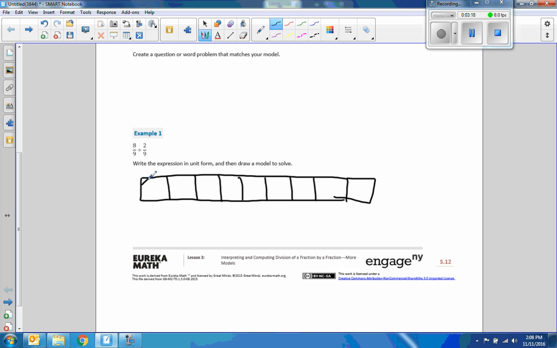8/9 represents 8 out of 9 of them being shaded. Just quickly shading these. There's 8/9. So then I'd represent this whole piece as 8/9. And we're going to divide it by 2/9. 8/9 divided by 2/9.